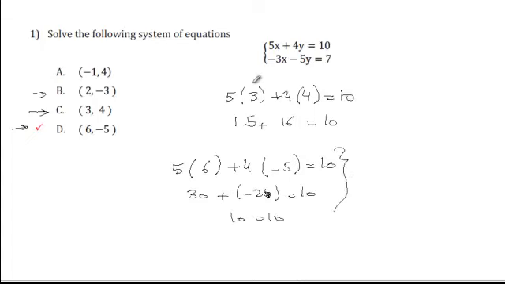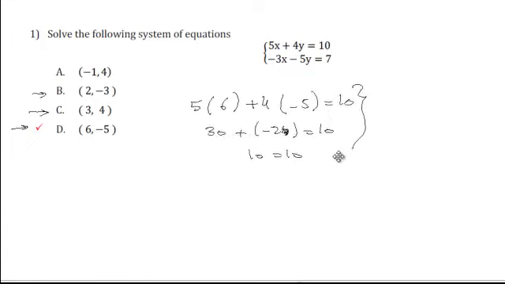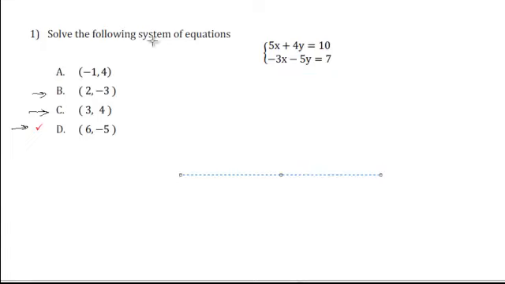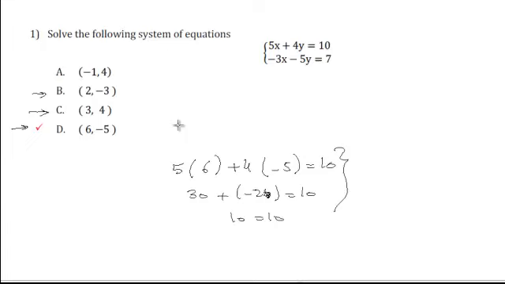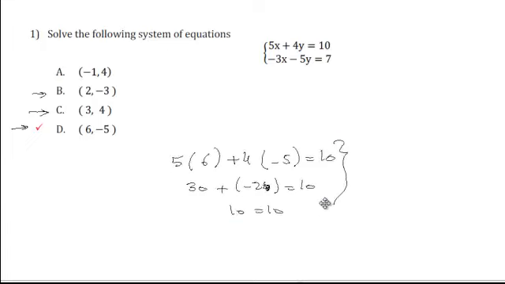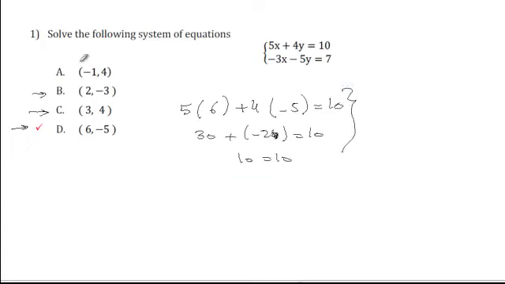Why? Because it satisfied the first equation. What about the second equation? So we have to also try the second equation. We put 6 and minus 5 in the second one, so we have minus 3 times 6 minus 5 times minus 5 is equal to 7.